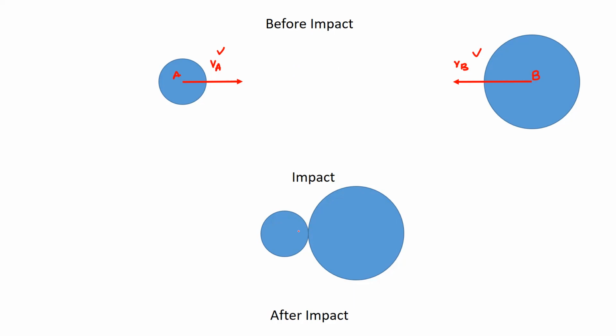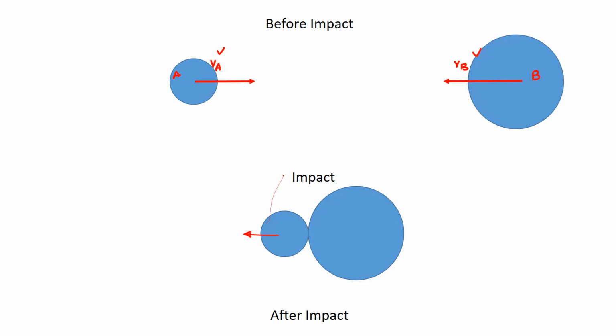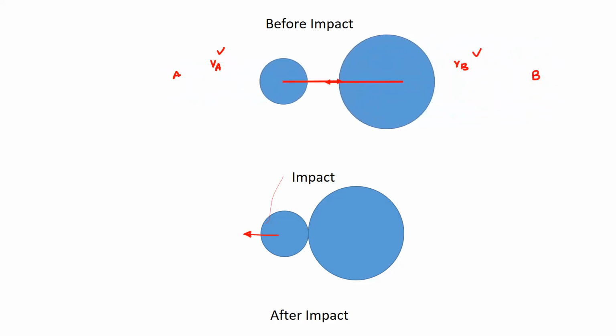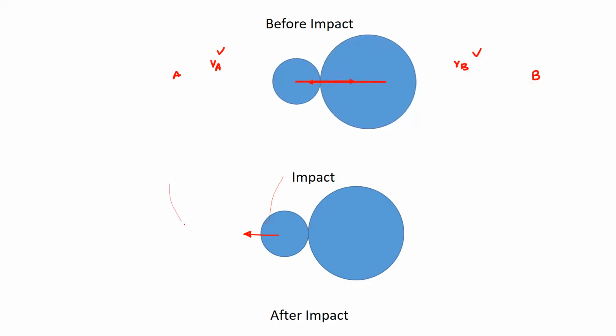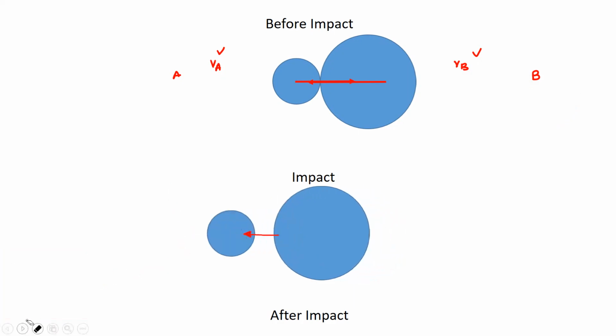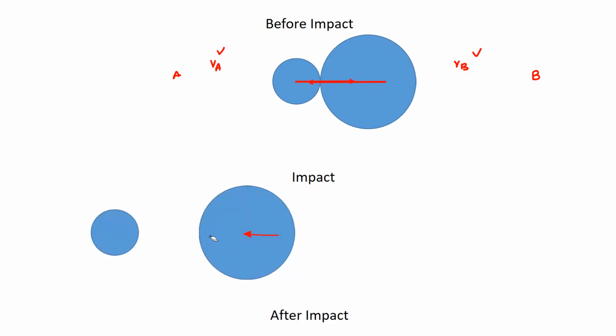This is the point exactly at the impact. And this is the velocity after impact. So the direction of velocity will change after the impact. The objects will start moving with different velocities, VA dash and VB dash.